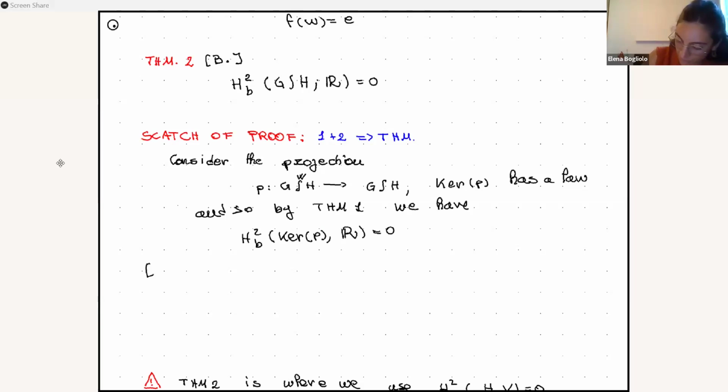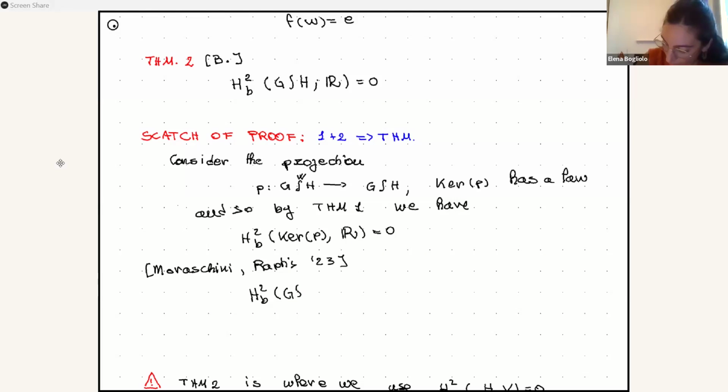Now, this allows us to apply a theorem by Moraschini and Raptis that states that whenever we have a group projection with a kernel with vanishing second bounded cohomology, then we have the following isomorphism.